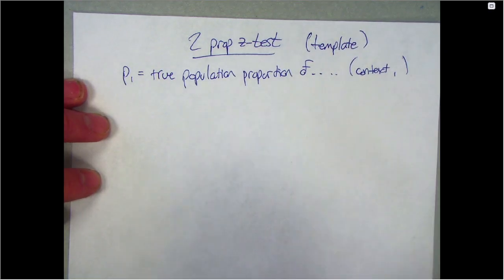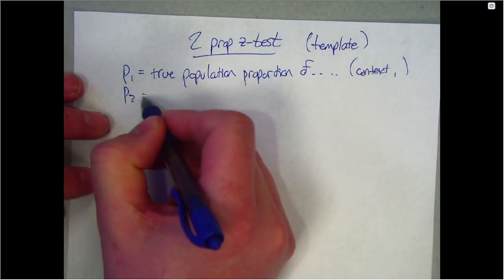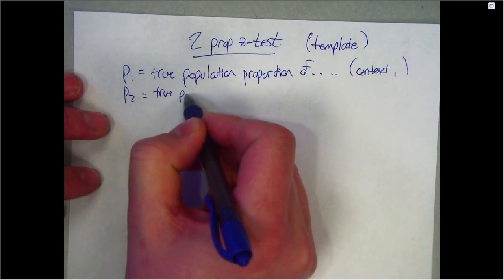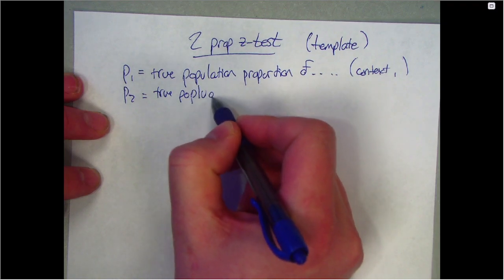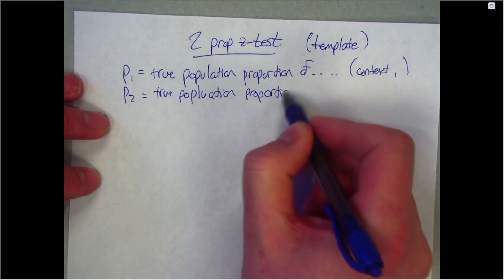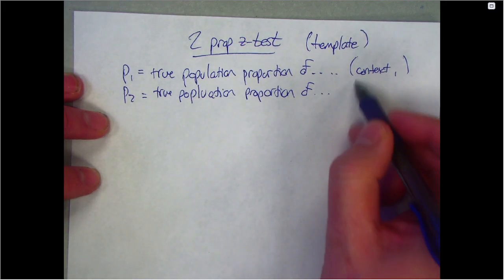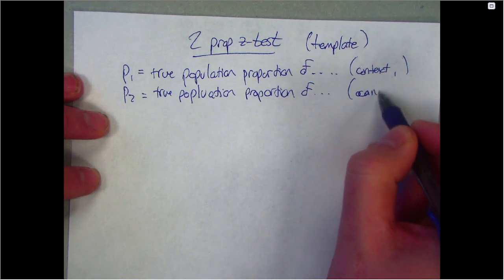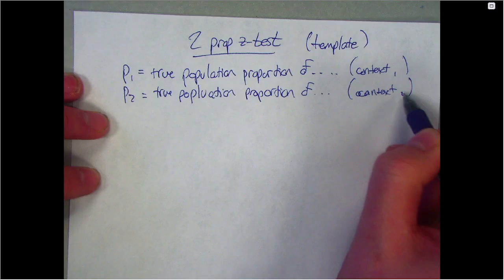So it's like context 1, and then context 2.